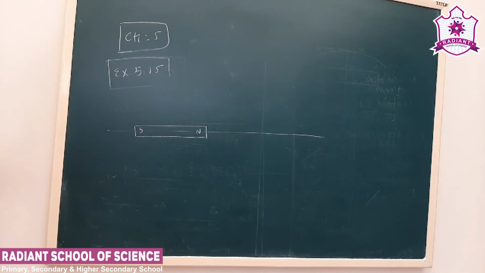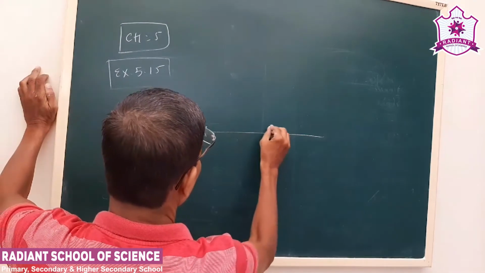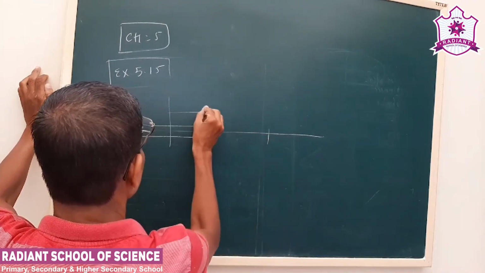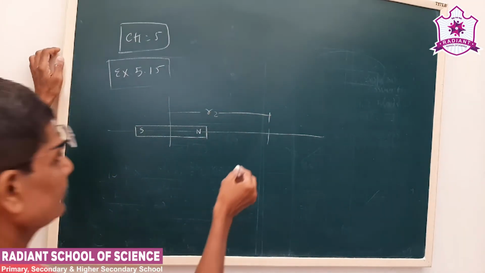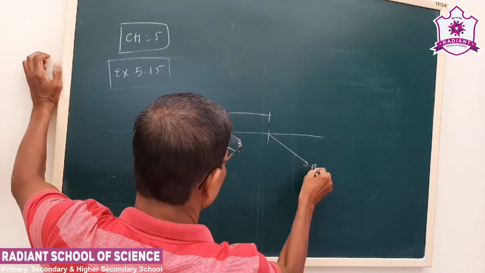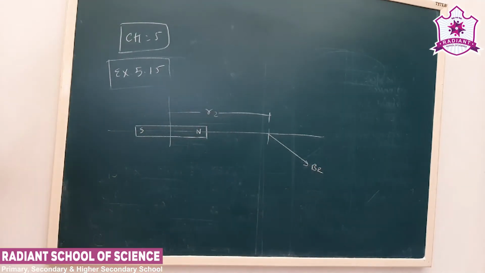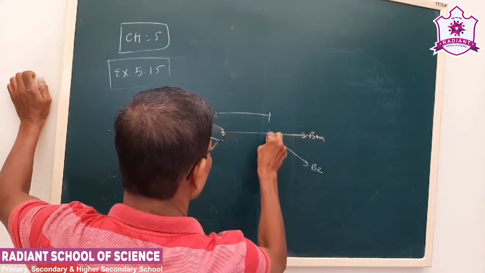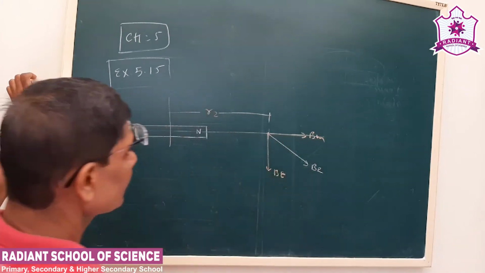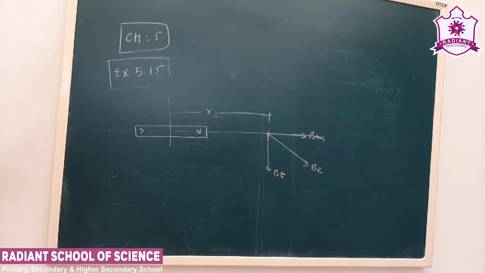Somewhere here, let us say distance r from the center, we can say r2. BR is the resultant magnetic field. Now BM and BE, see, the angle again is 45 degree.